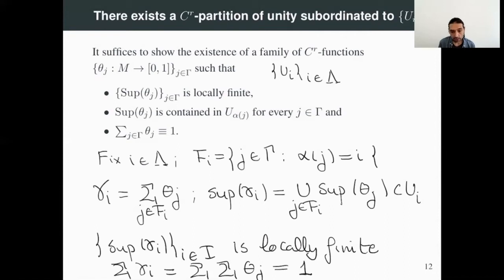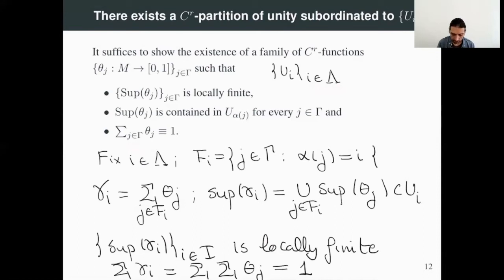So in this way, we got a family of functions gamma_i such that the supports are a locally finite family, the support of every gamma_i is contained in U_i for every i in lambda, and the sum of these functions, which are all non-negative, is equal to 1.